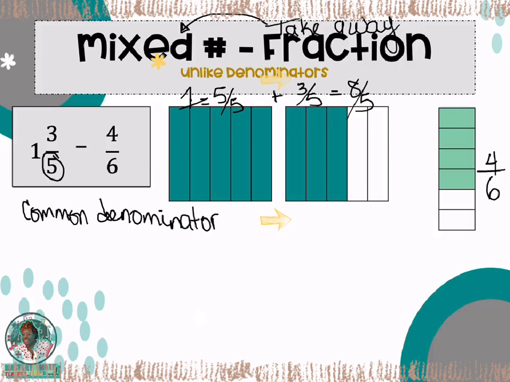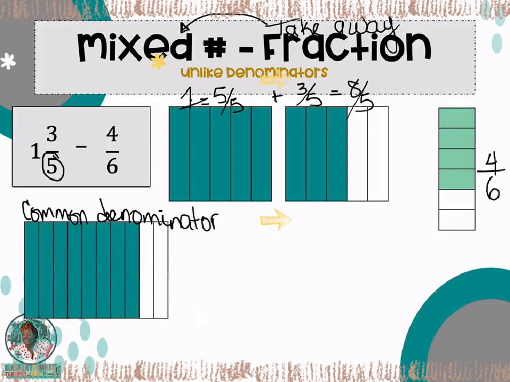What we need to do is first take our 8/5, which is what we have down here. And we're also going to look at our other fraction, which is the 4/6. But we're not going to shade in 4 parts. We're just going to take our denominator from that part and put it the same way how we put it here.